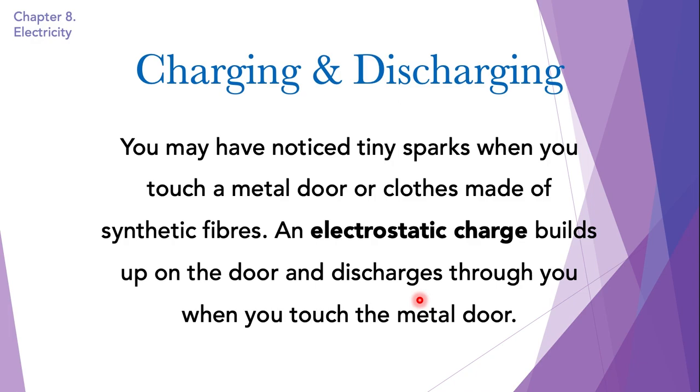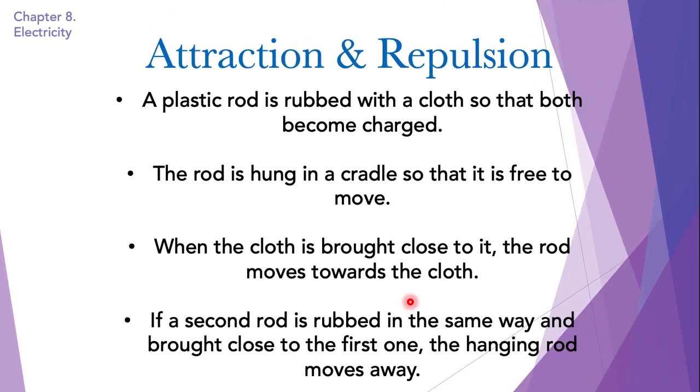So now we have to think systematically about how we investigate this phenomenon. First, how do two charged objects affect one another? So here we have the way of investigating this. A plastic rod is rubbed with a cloth so that both become charged. The cloth and the plastic rod both become charged.